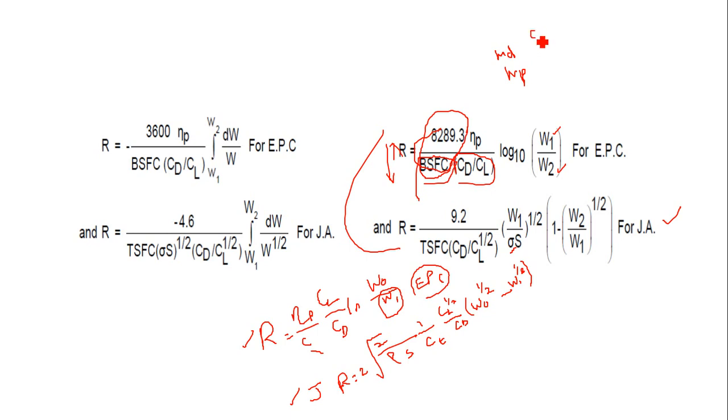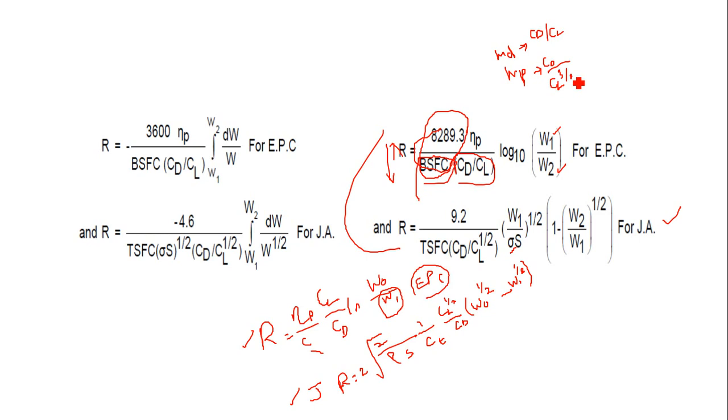If in any problem there is a need for CD by CL, then CD by CL will be minimum at the minimum drag condition only, and for minimum power it will be CD by CL power 3 by 2.